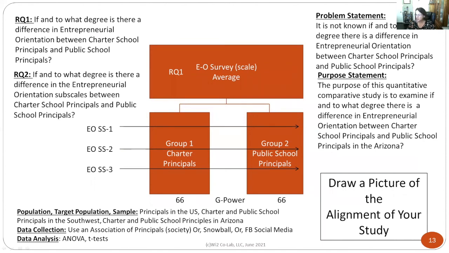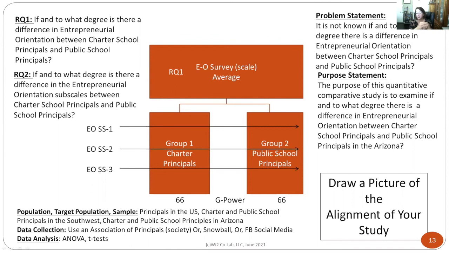Okay, let's just quickly look at the power of drawing out your study. I wanted to bring this in. This is one of my learners who's doing a study on EO, entrepreneurial orientation. And so RQ1, well, the problem statement, let's start on the right. It's not known if and to what degree there's a difference in entrepreneurial orientation between charter principals, school principals, and public school principals.